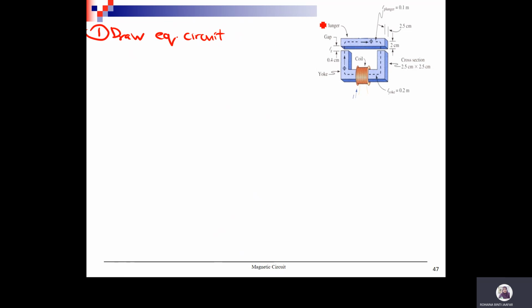Okay, so to draw the equivalent circuit, you have to identify how many materials are used in the magnetic circuit. So this is your plunger, and this is your yoke.